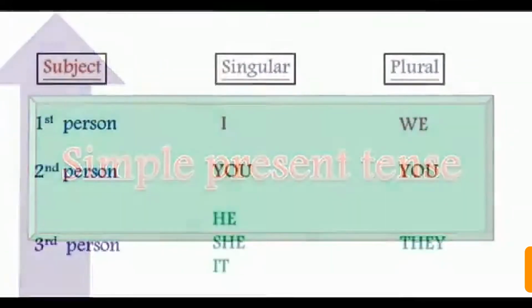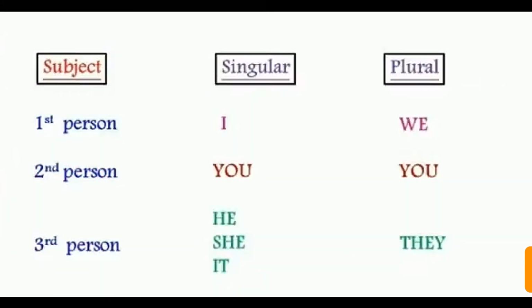Before discussing the simple present tense, we all must know the three persons of grammar. First person includes I in the singular form and we in the plural form. In the second person, you is used in both singular and plural form. And in the third person, he, she and it are used for the singular form and they is used for the plural form.